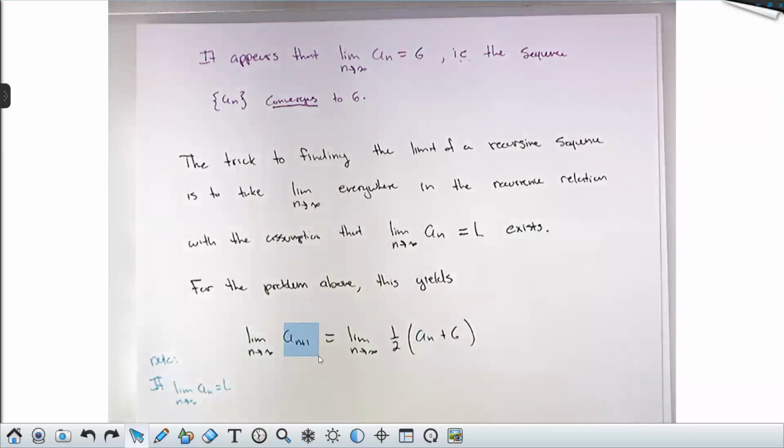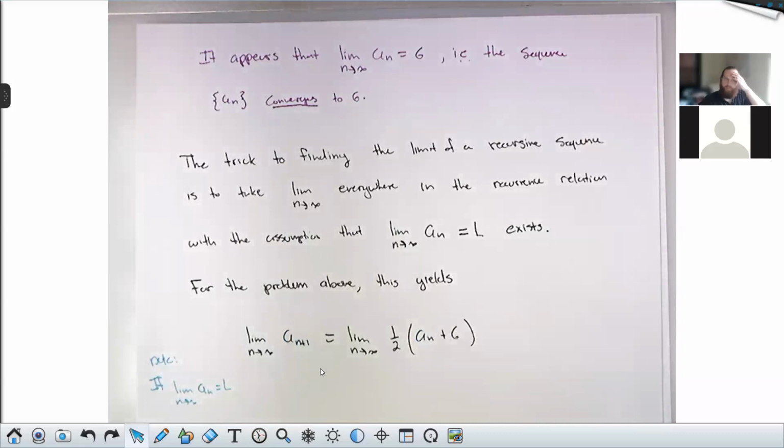What does a_(n+1) even mean? Don't be shy.